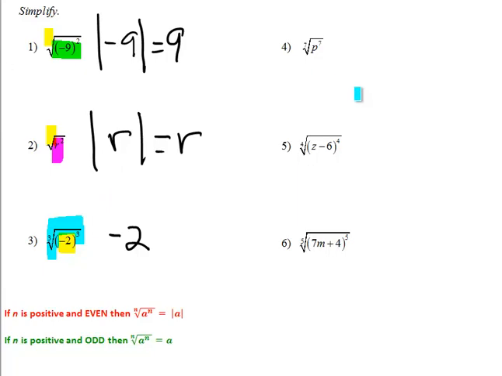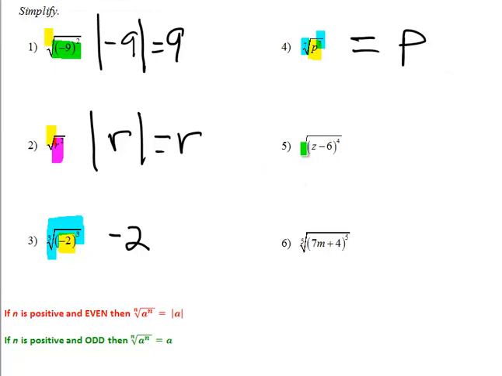Here I have, let's see, an odd index and an odd exponent. They're the same. So all I have to do is use the p. Again, because it's odd, I didn't have to do the middle step.